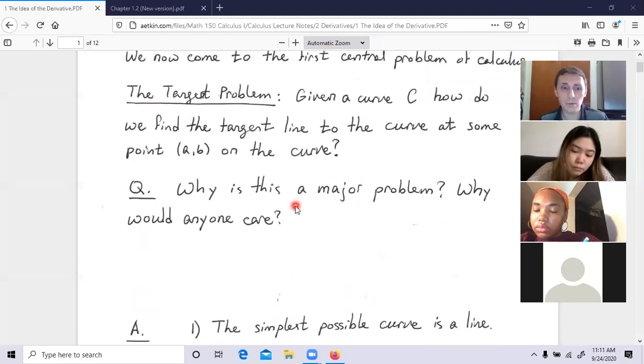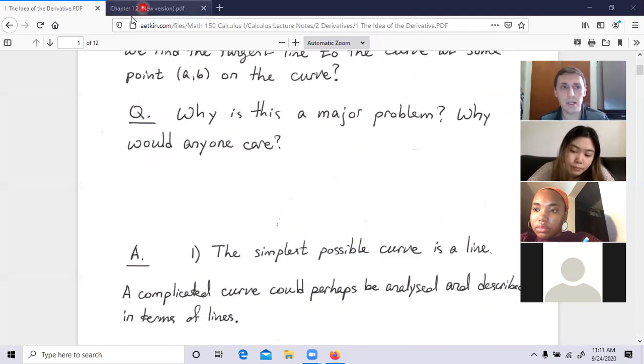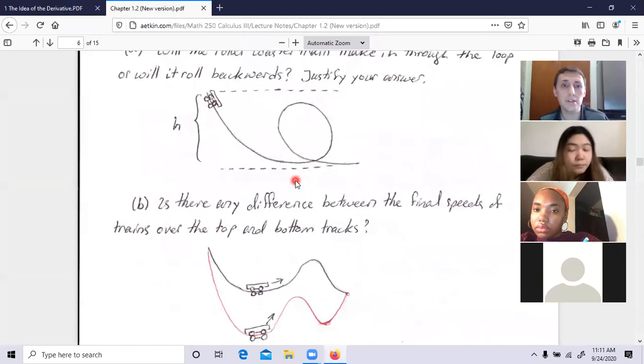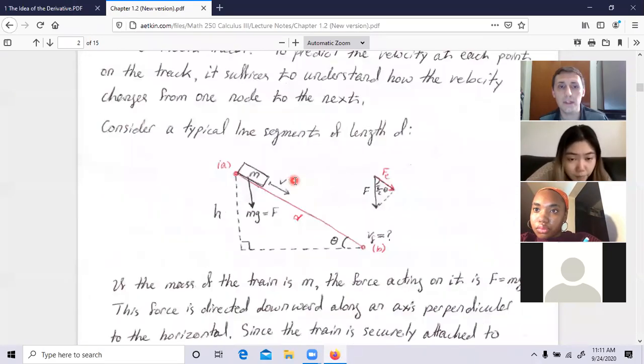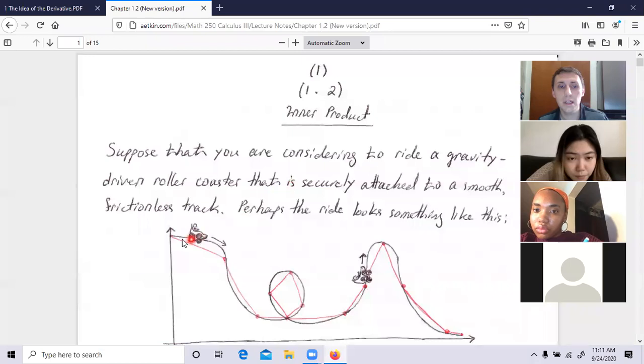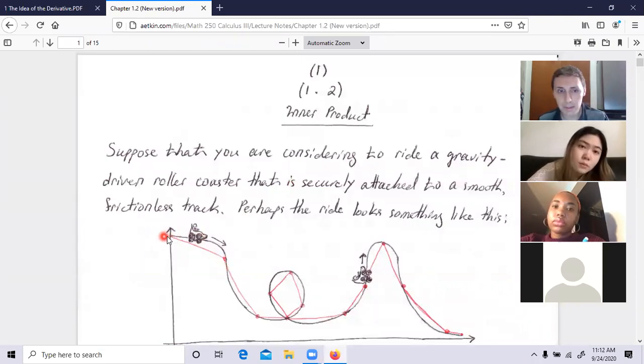Okay, so one reason, as I mentioned, is if you study a curve, the simplest possible curve is a line. And here you can realize that any curve can possibly be built out of many line segments.